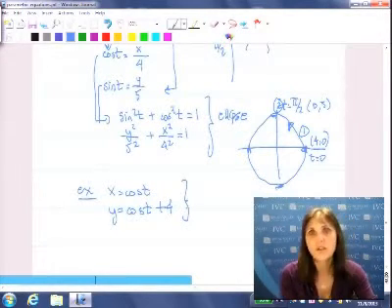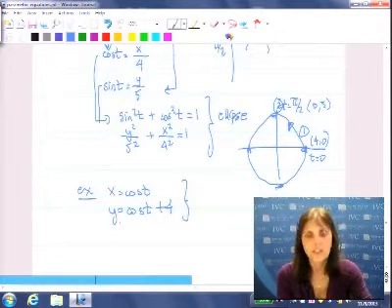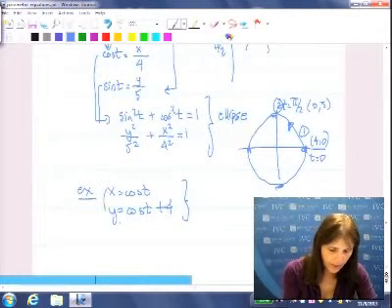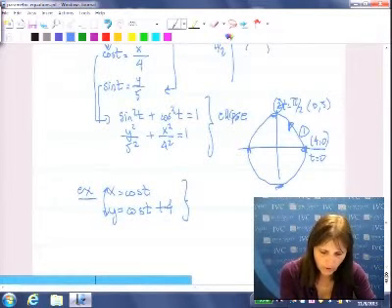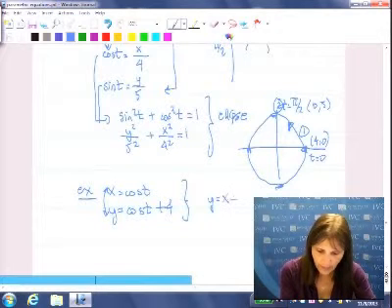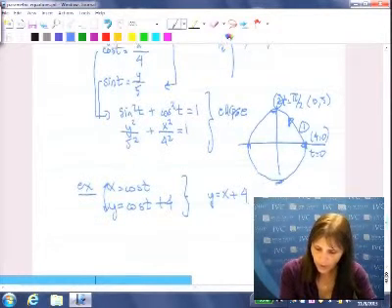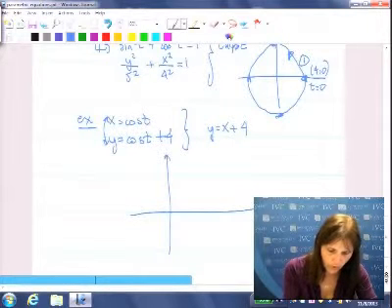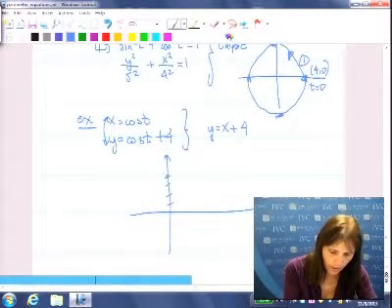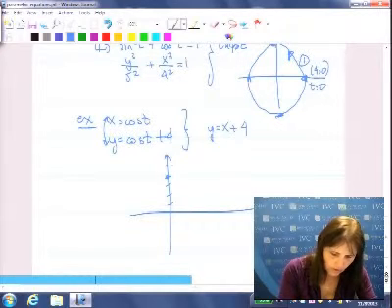If my x is cosine t and my y is cosine t plus 4, I can write an equation between x and y without the t's in them. So when you do the substitution of x for cosine t, you get y equals x plus 4. Oh, that's pretty good. And then I can actually draw this. x plus 4 is going to be 1, 2, 3, 4. And then 1 over 1. So it's going to look something like that.